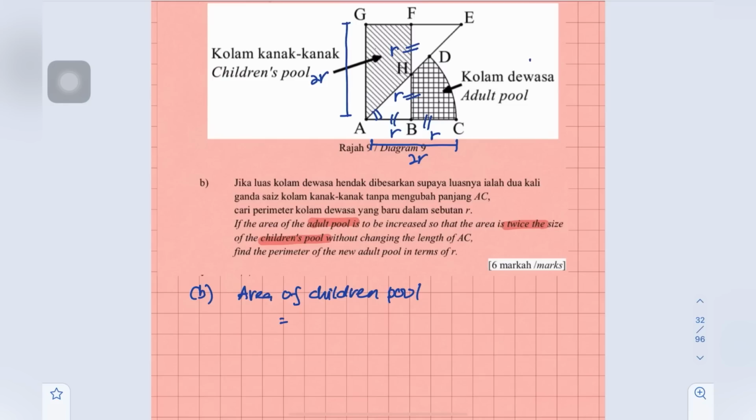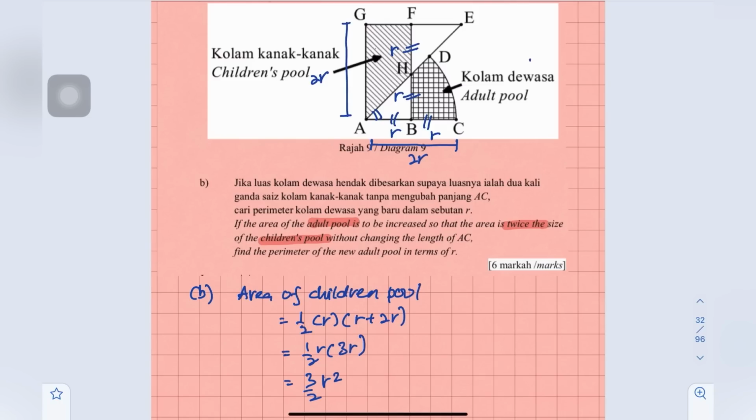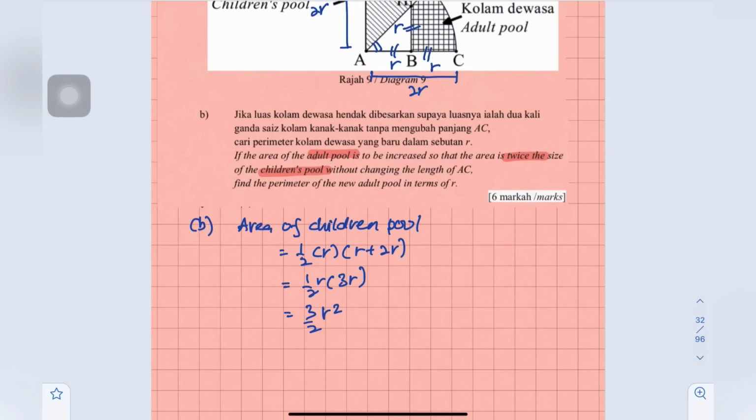The shape of the children's pool is a trapezium, so 1/2 times base R, times the sum of the 2 parallel sides, R plus 2R. So this one 1/2 R times 3R, so 3/2 R squared. Area of the children's pool is 3/2 R squared.